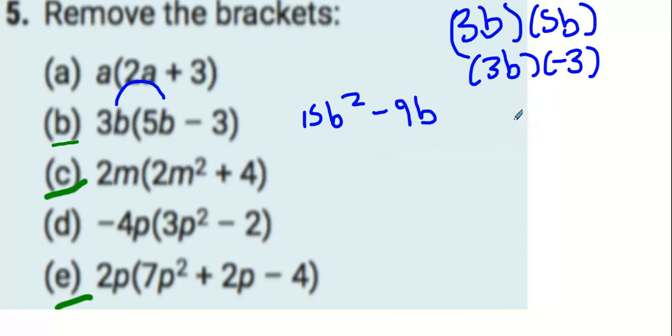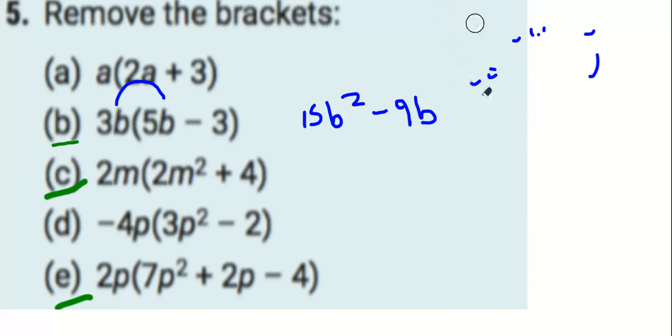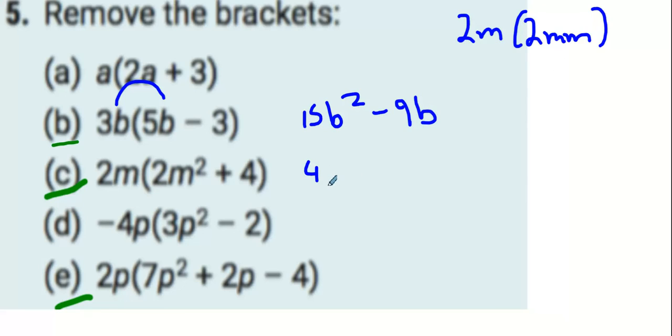Lads, what we have here is, if you imagine 2m by 2m squared, it's 2m, and 2m squared is 2mm. How many m's do you count? 3. So I'd say 4m cubed. Quiet, please.